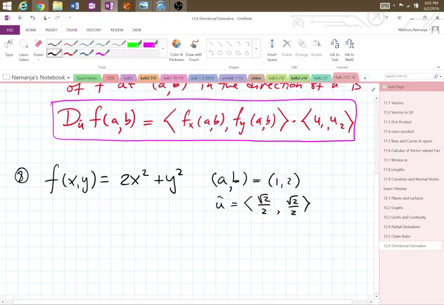When you find the partial derivative, it is going to be in terms of x and y, which means you plug in your A and your B for x and y. No, you take the partial derivatives first, because if you plug in and then take partial derivatives, it's 0. So they will just be numbers. You take the derivatives first, then you plug in A and B and compute that, you will get a vector, and then dot that with the unit vector, and you will get a number at the end.